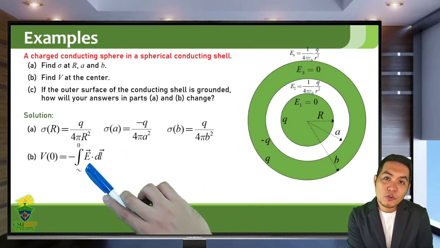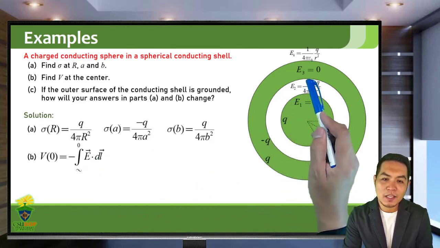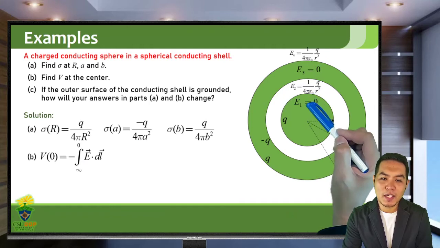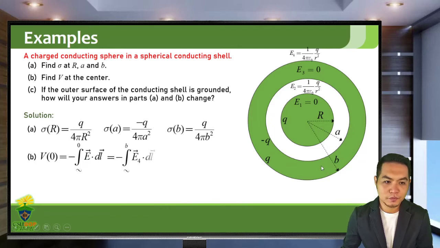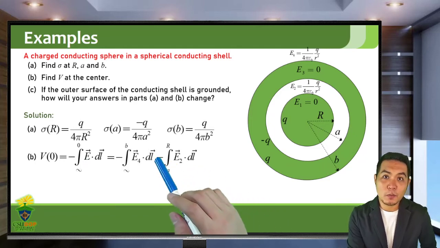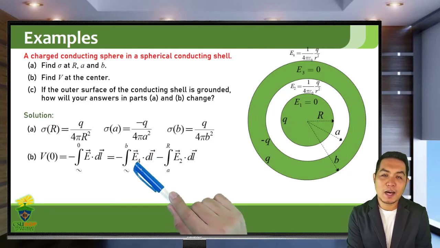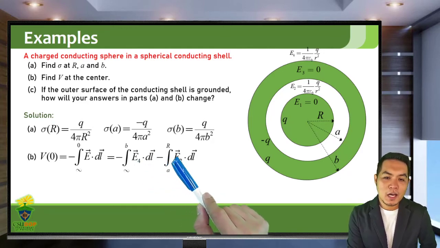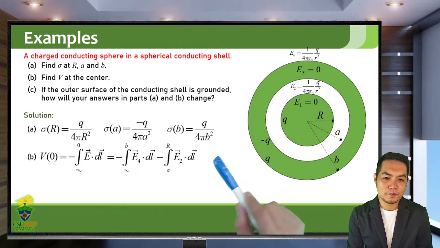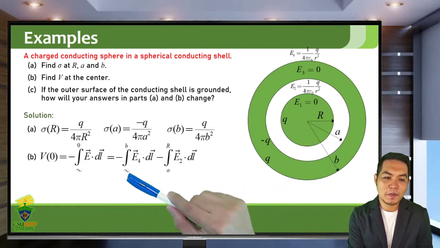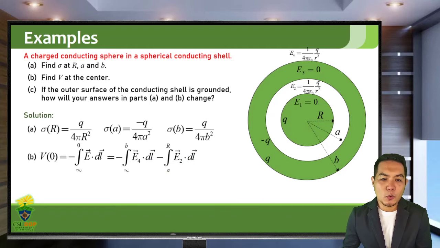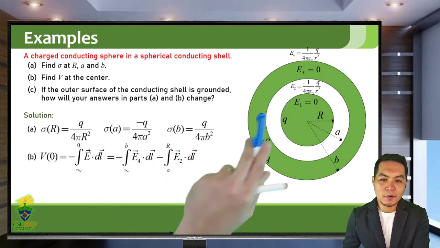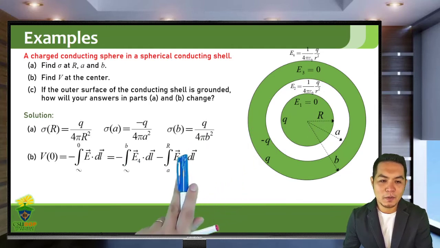So the only contributing intervals for this integral will be region 2 and region 4, since regions 1 and 3 have 0 electric field. There will only be two regions with non-zero integrals: region 4, outside of the conductor, from B to infinity, and region 2, from R to A. So we substitute the values of E4 and E2 in our integral here.